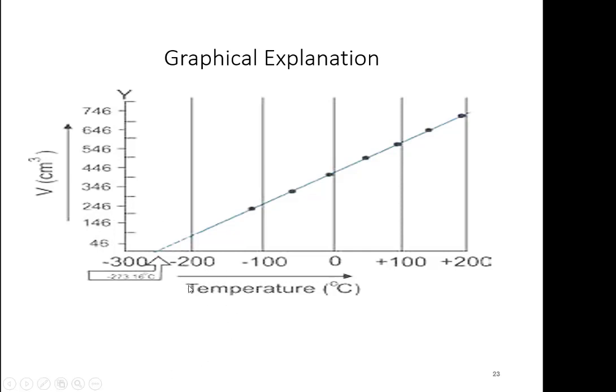If we plot a graph between temperature on x-axis and volume on y-axis for 1 mole of an ideal gas, then we get a straight line. This straight line cuts the temperature axis at minus 273.16 degrees centigrade. And this can be possible only if we extrapolate the graph up to minus 273.16 degrees centigrade.